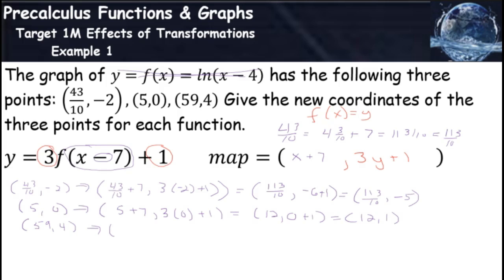Anyway, I have x plus 7, so x is 59 plus 7. And then I do 3 times 4 plus 1. Well, 59 plus 7 is, I believe, 66. And then 3 times 4 is 12, plus 1 is 13, so it's going to be 66, 13.